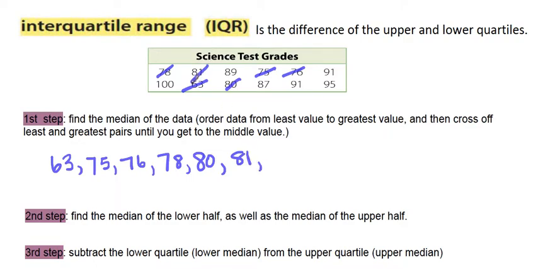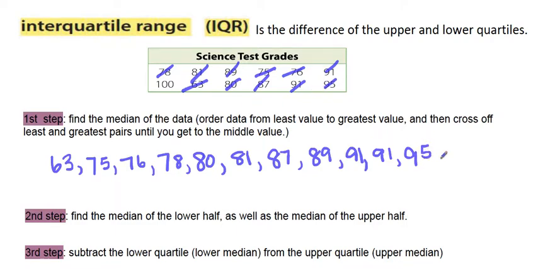These are the same science test grades, so if you had them listed in order once, it'd be really easy to use that same data. 89, two 91s, a 95, and a 100. Again, I always count my data points. 1, 2, 3, 4, 5, 6, 7, 8, 9, 10, 11, 12. So I have 12 data points.